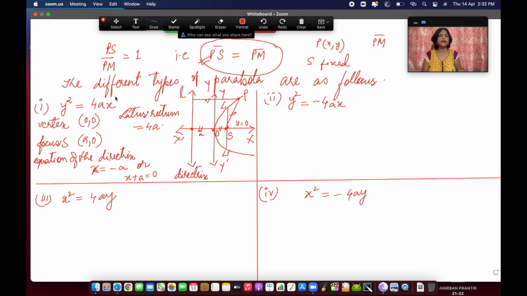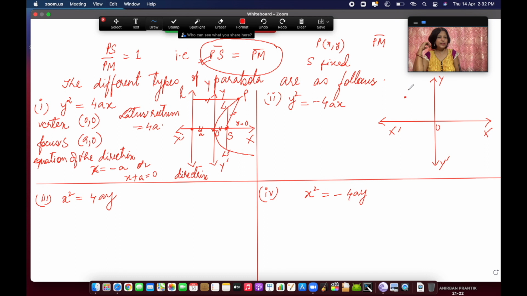Now, when the equation of the parabola is y square equal to minus 4ax, how will the parabola look? I need to again draw the x-axis and the y-axis mutually perpendicular to each other. This is the y-axis and this is the x-axis, right?